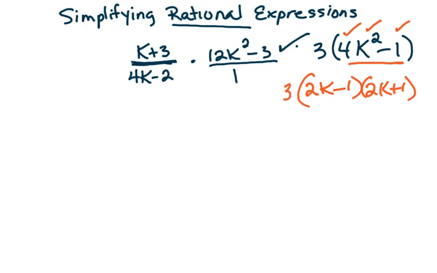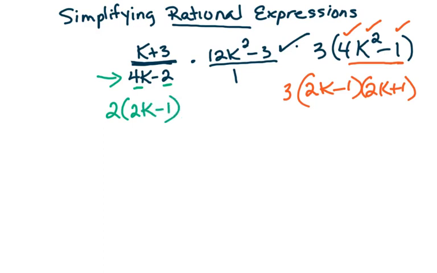All right? Now, there's another one that I want to switch. Look at this one down here. I can switch this out by taking a 2 out of both of the terms. So I'll take a 2 out here, and what do I have left? Well, I have 2k minus 1.